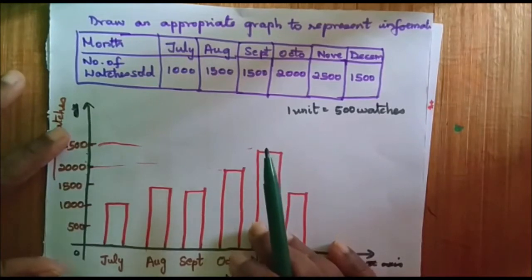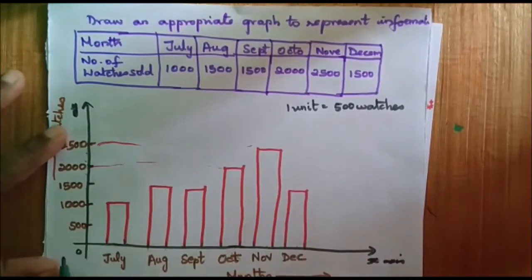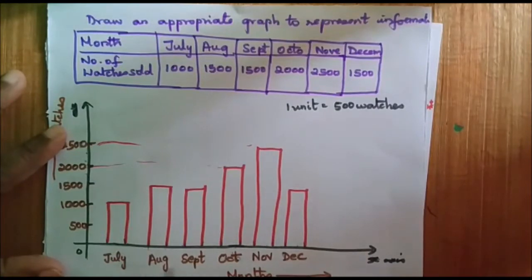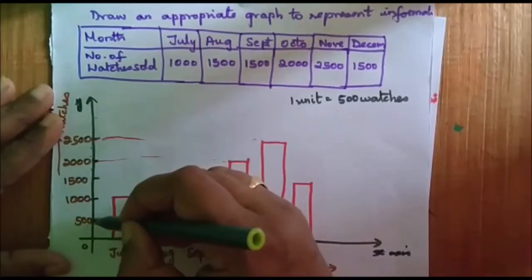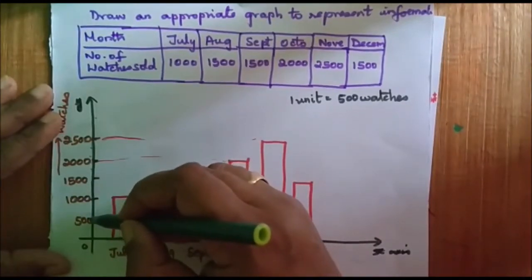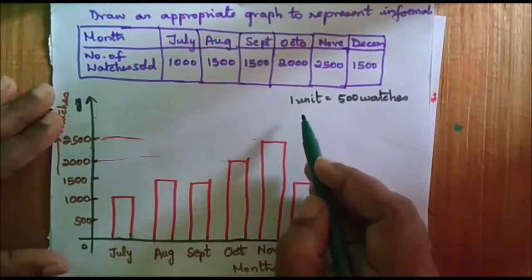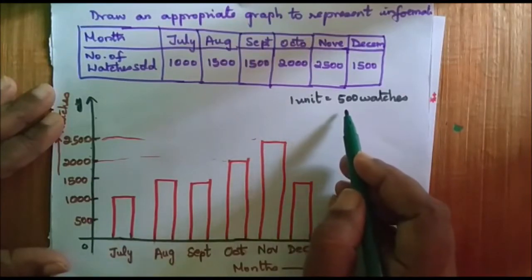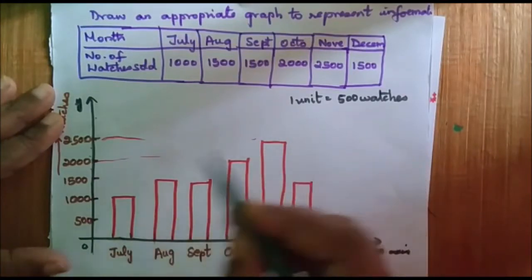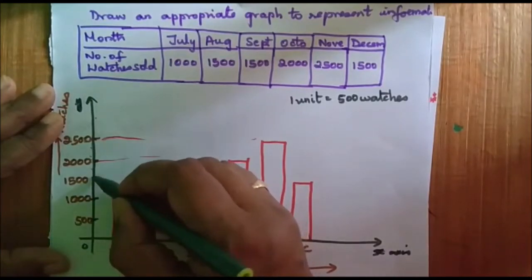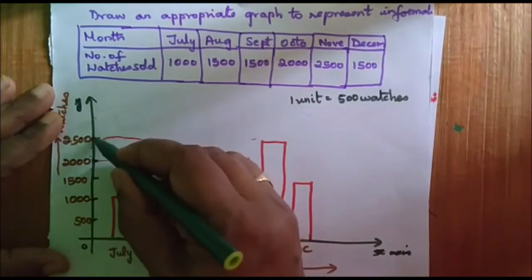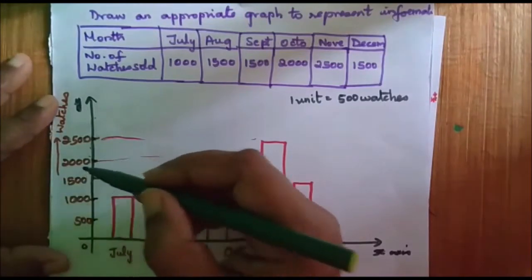We will take the months on the horizontal axis, and on the vertical axis I will represent the watches. We will write the scale as 1 unit equals 500 watches. So I can mark it as 500, 1000, 1500, 2000 and 2500.